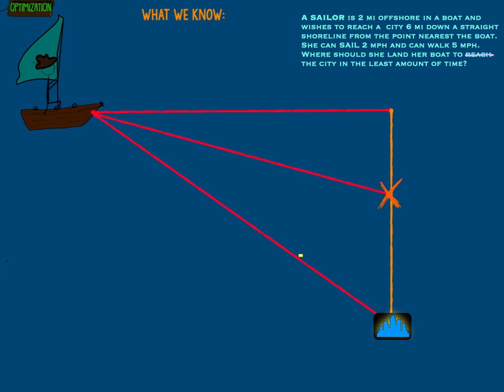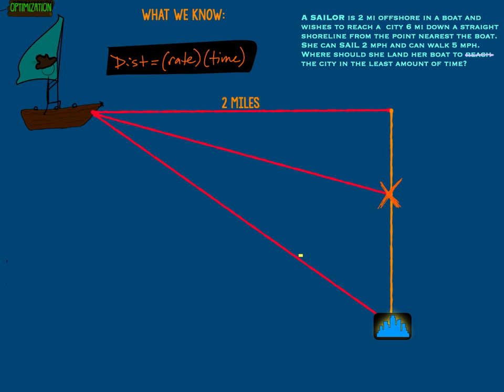So what we know so far, we know the distance is equal to rate times time, always. And we know that that right there is 2 miles until she could land on land. We know that over here it's 6 miles from that point down to the village or the city. And what that means is from the point where she lands to the city, we can call that 6 minus x.